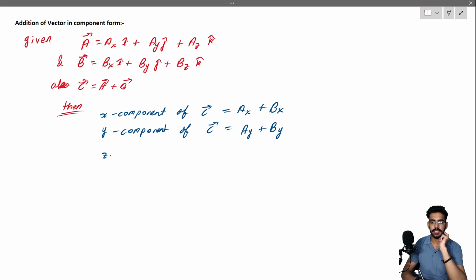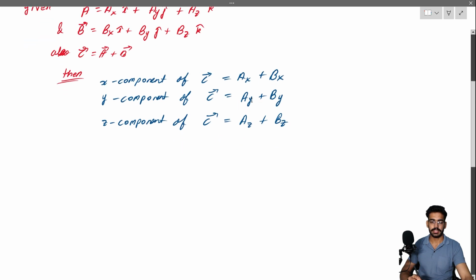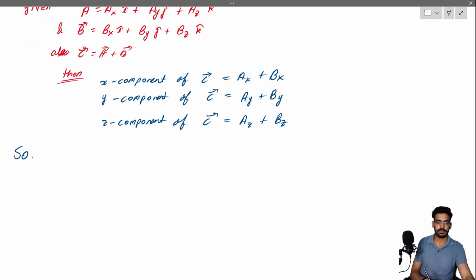And the z component of c vector is going to come from az and bz. These are my components. So I can say c vector equals cx i cap plus cy j cap plus cz k cap.